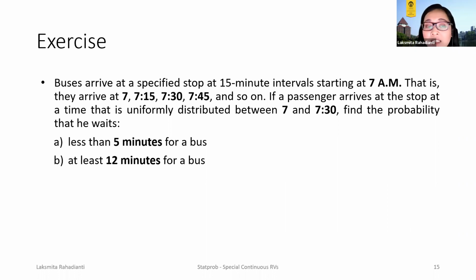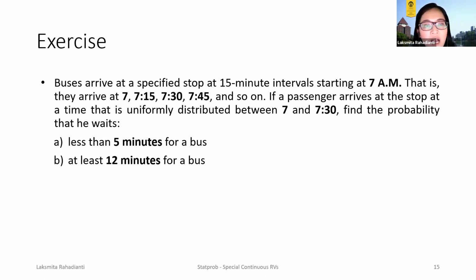So as you can see from this sentence, the arrival of the bus is uniformly distributed between 7 and 7:30. Well, between 7 and 7:45 actually, but in our question, they're only considering between 7 and 7:30.